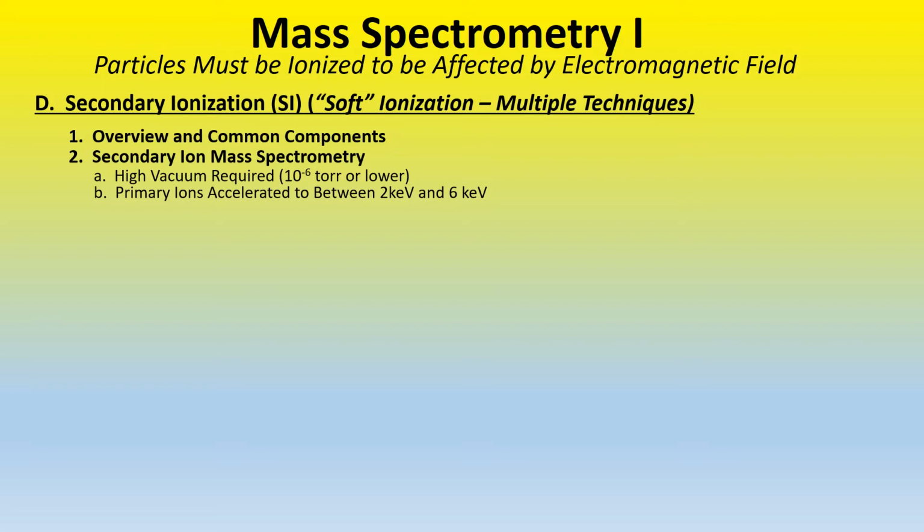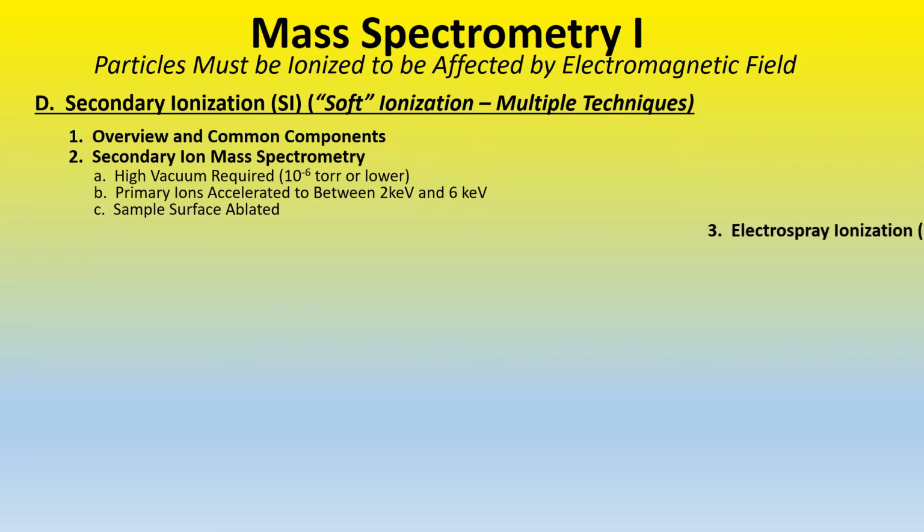They're used to strip the atoms off the surface. Therefore, the primary ions are accelerated at very high powers between 2,000 and 6,000 electron volts. And as mentioned, the sample surface is abraded away as cations are produced and accelerated towards the detector.